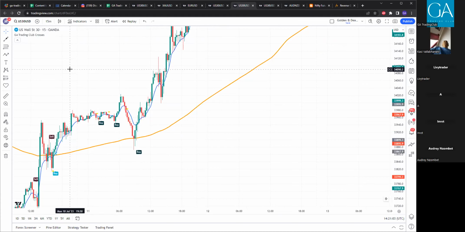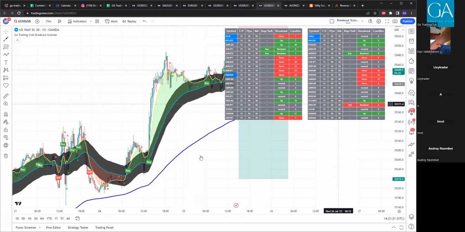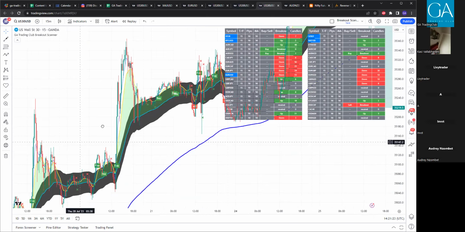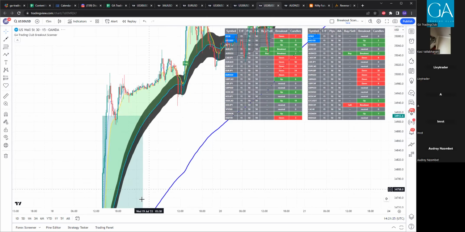So this one would have been around Tuesday, 11th July at 9:45. So let's go back to the breakout scanner to Tuesday, 11th July.